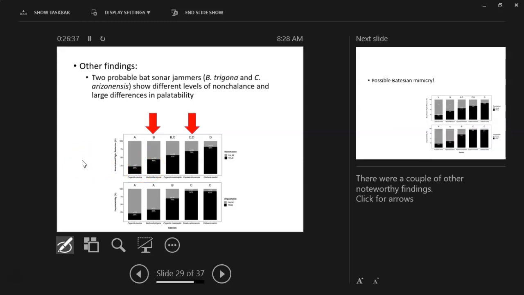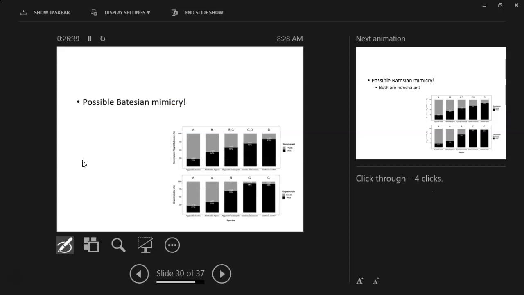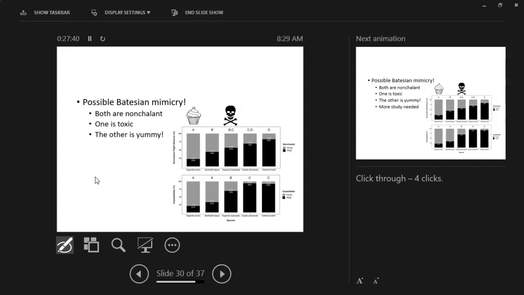Okay, another interesting finding that came out of the study is a case of possible Batesian mimicry. This involves the species on the far left and the one in the middle, both of which are in the same genus. Both exhibit nonchalant flight behavior, one more than the other, but one is toxic and the other is very yummy.